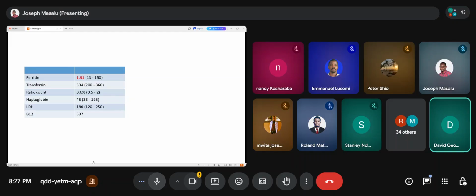which in itself is not conclusive that this is iron deficiency anemia. And yes, as I said, iron deficiency anemia can be hypoproliferative. The picture we have most of the time is that someone with iron deficiency anemia is expected to have an elevated reticulocyte count because the bone marrow is reacting.